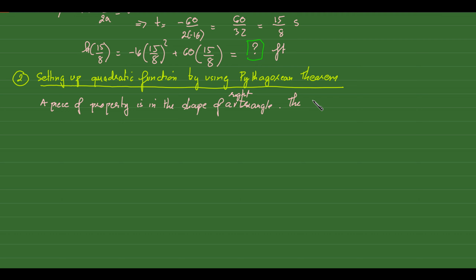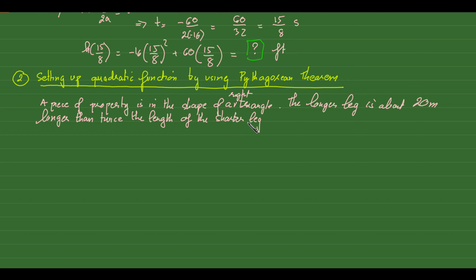So the longer leg is about 20 meters longer than twice the length of the shorter leg.